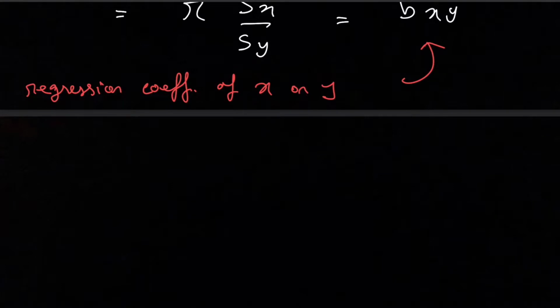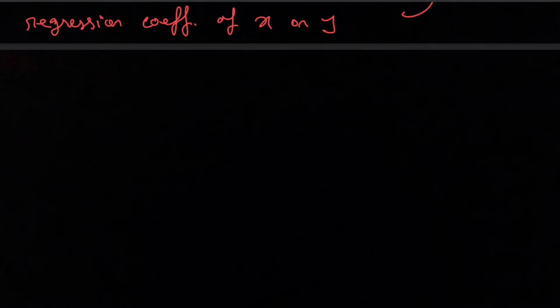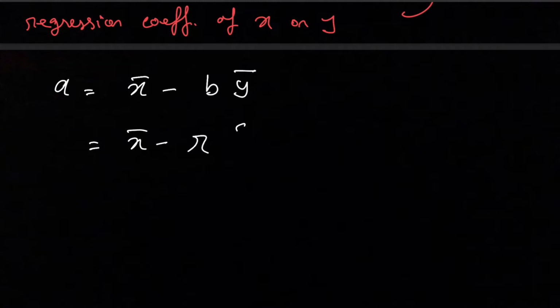So now we know the value of b, therefore a is nothing but x bar minus b times y bar, so it becomes x bar minus r times sx by sy times y bar.